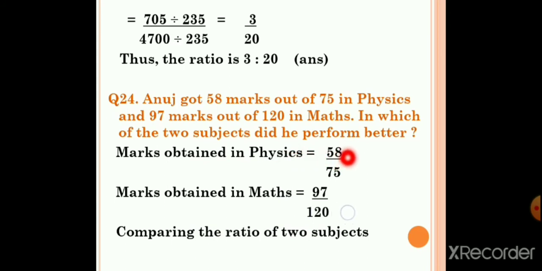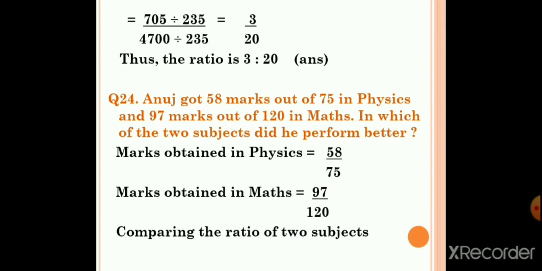He got 58 out of 75, and marks obtained in maths is 97 out of 120. But we can see that the denominators in both the subjects are not equal, so it is difficult for us to compare the two subjects.